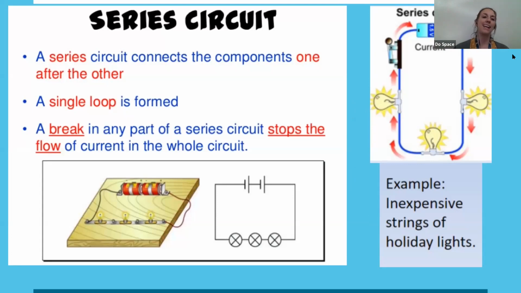A series is just a continuation of that loop where the output components are one right after another. They form that one single loop, and if there's a break in any part of your series circuit, it stops the flow of electricity coming from your batteries, and none of the outputs will work.